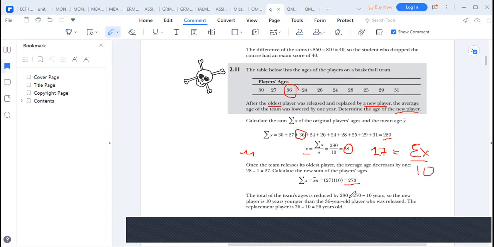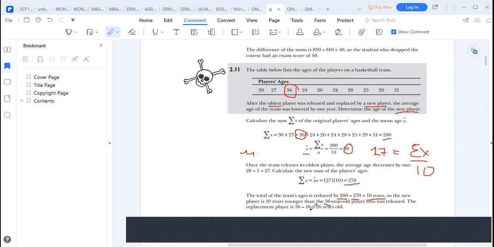So if we subtract 280 minus 270, it means the oldest player was older by 10 years. So if the oldest was 36, the younger player must be less by 10 years. So we subtract 10 years from the 36.